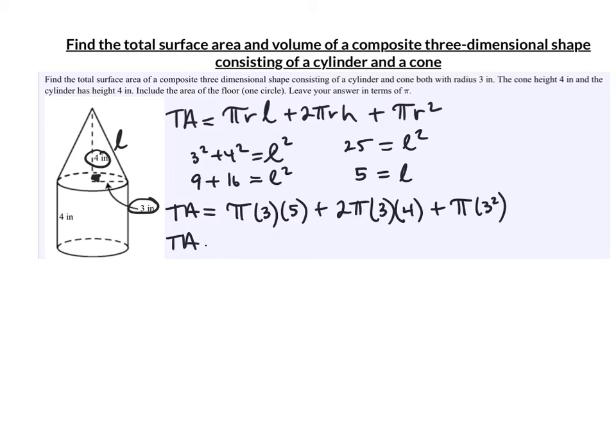So let's work all this out. That's 15 pi plus 2 times 3 is 6 times 4 is 24 pi plus 9 pi. So our total area is 48 pi. And area is measured in squares, so that's inches squared.